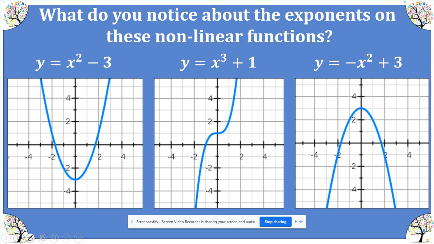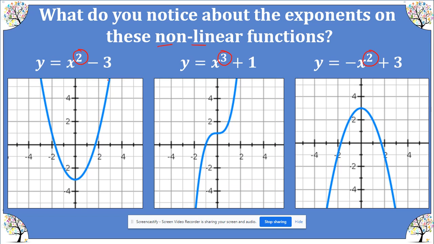Here are the equations to these nonlinear graphs. Notice the exponent is not an understood 1 or a 1. So any equation that has an exponent on either of the variables that is not 1 is nonlinear.